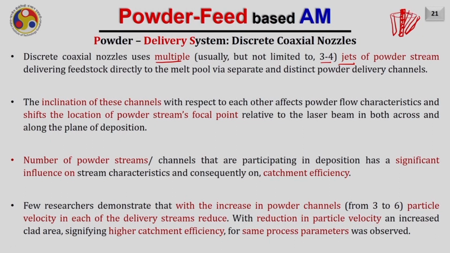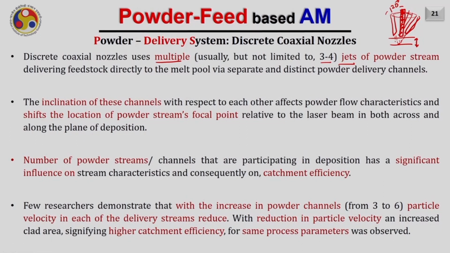If there are 3, each nozzle will be 120 degrees apart. The powder coming out of these nozzles will converge at a particular point, and that will be called the focal point, and the distance from the nozzle to this point is called the focal distance.